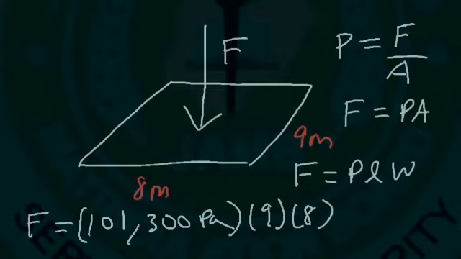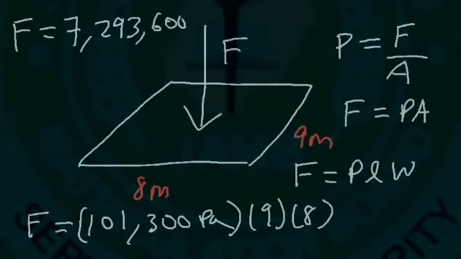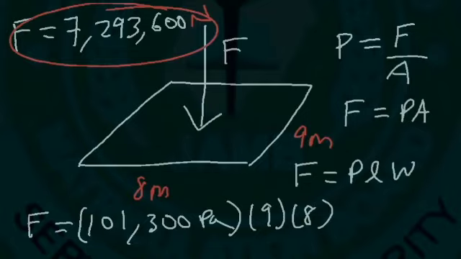So over this large area, the force exerted by the atmosphere is 7,293,600 newtons of force. So that's the entire weight of the air above this particular surface.